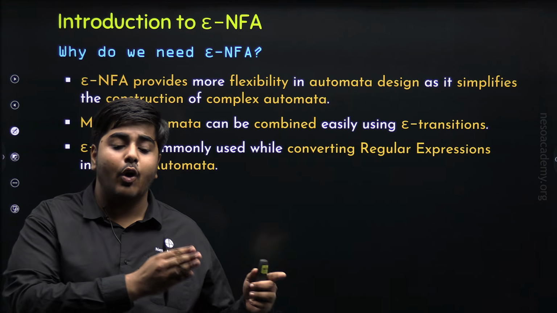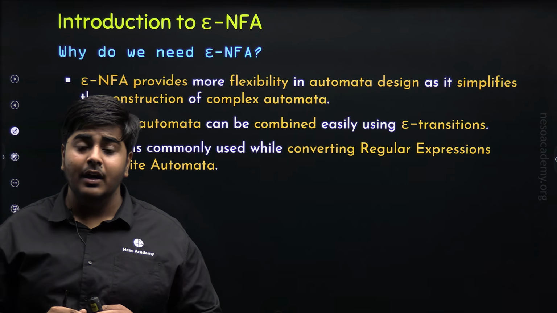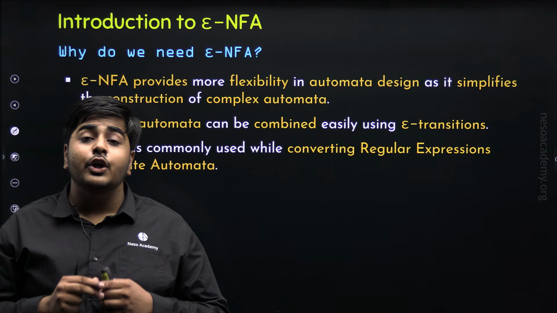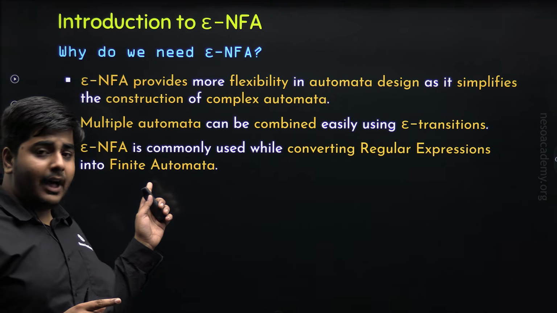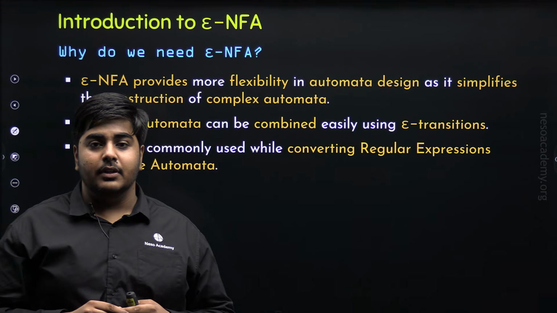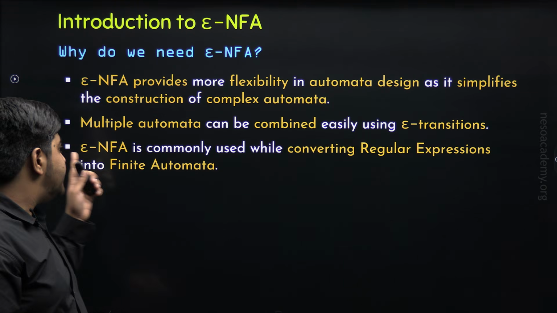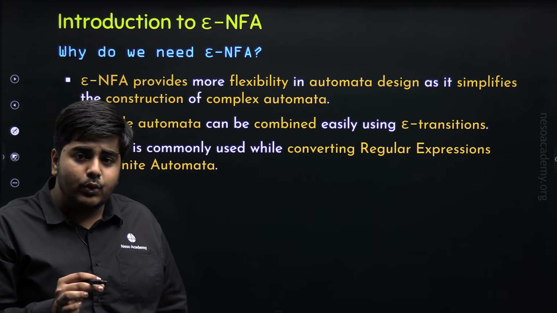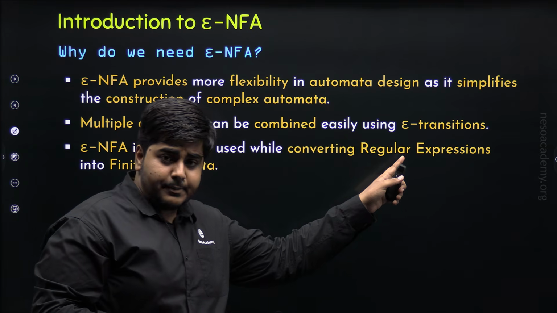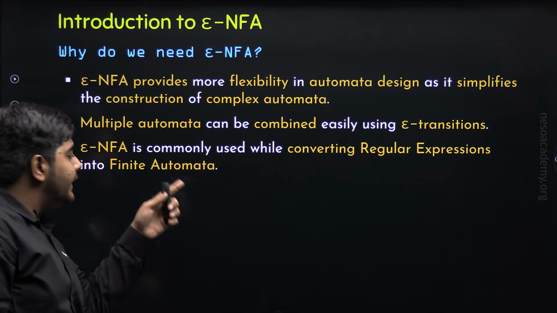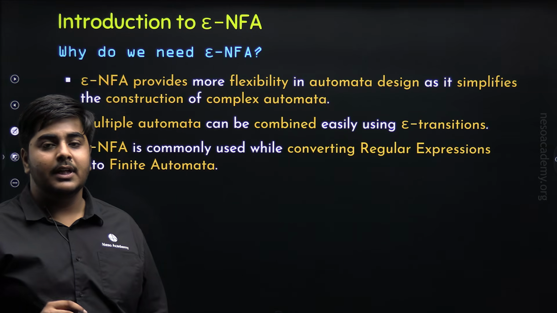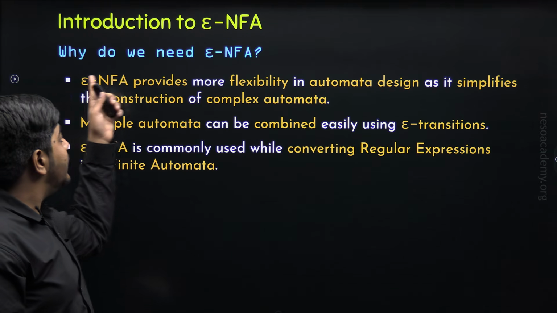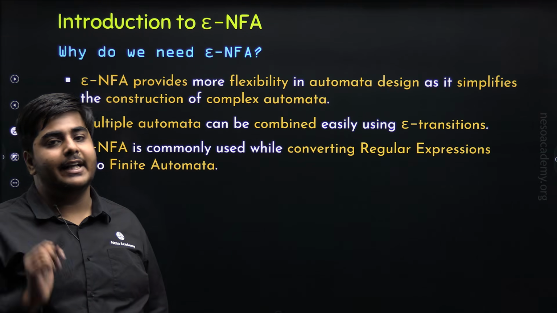And after drawing all the separate finite automata, we combine them together to get the resulting finite automata for the given regular expression. That is why epsilon-NFA, or we can say epsilon transitions, are used to convert regular expressions into their equivalent finite automata. This is how we have understood the need of epsilon-NFA.